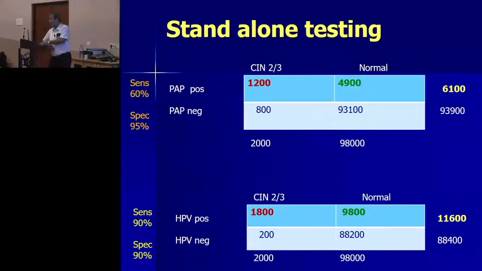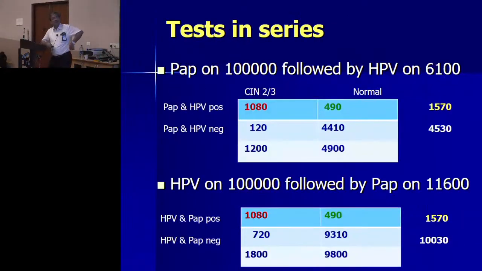Okay, let's look at the other strategy, those who wanted serial testing. Pap on 100,000 followed by HPV on 6,100. Are you following? You are doing pap smear on 100,000 women. Are you following this?